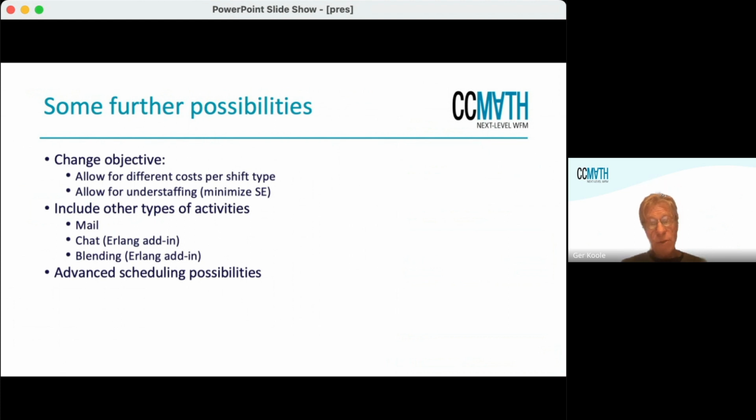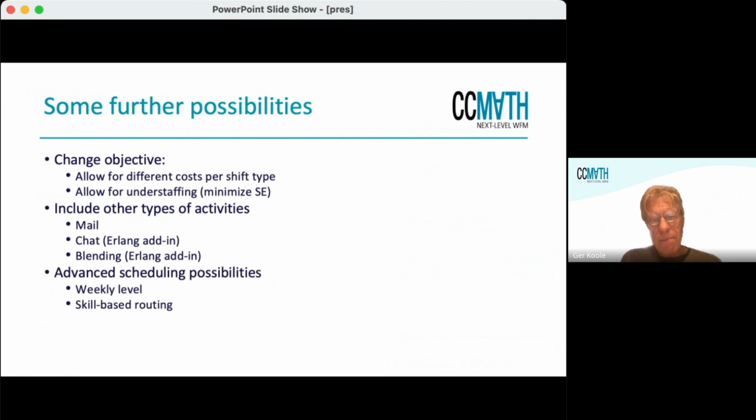Other scheduling possibilities that might be relevant to you are outside of the scope of such an Excel sheet. You need different technologies, but they are definitely possible. Things like going to the weekly level perhaps can still be done in Excel, but you probably get a big Excel sheet with very long shifts, with not only the hours of the day, but also the days of the week. So that quickly gets complicated.